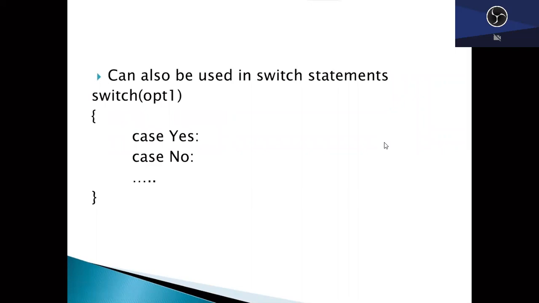Based on the value of OPT1, I can have the cases: case yes, case no, and case maybe. If the value of OPT1 is yes, then whatever is given under case yes will get executed. If OPT1 value is no, then whatever comes under case no will get executed, and so on. So in switch statements, you can use an enumeration variable.